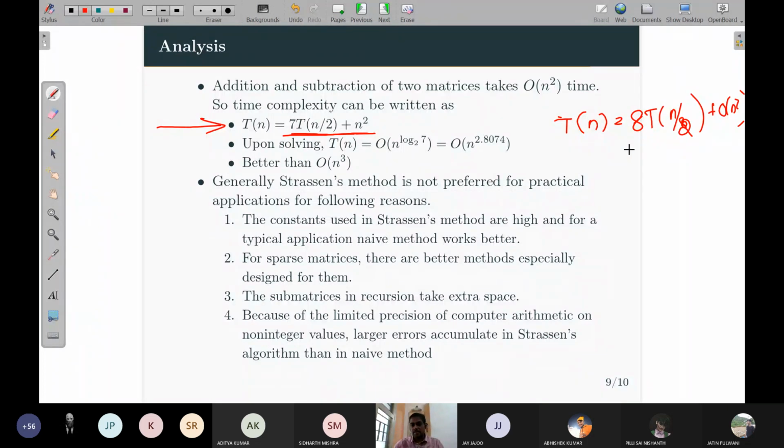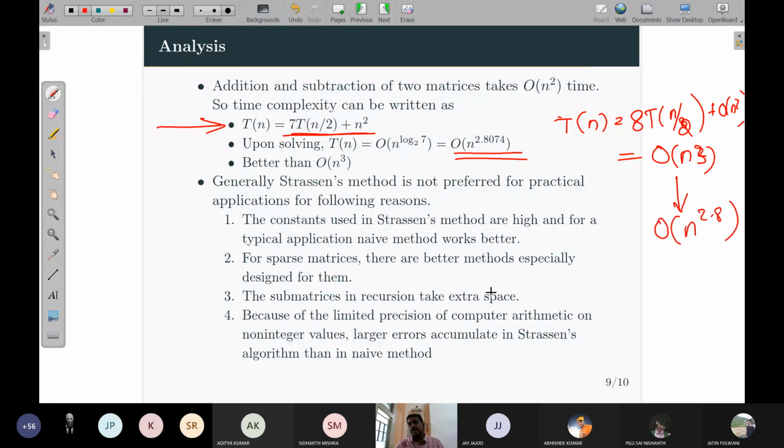Upon solving the earlier recurrence, you got big O of n cube. But upon solving this recurrence, you will get big O of n power 2.8074. So which is better, n cube or n power 2.8?